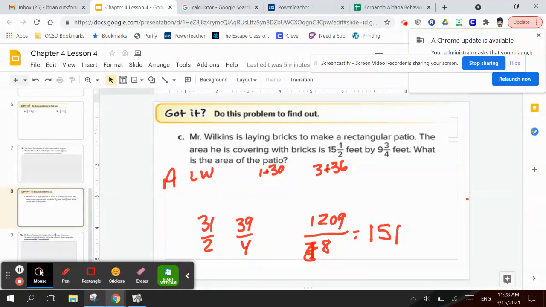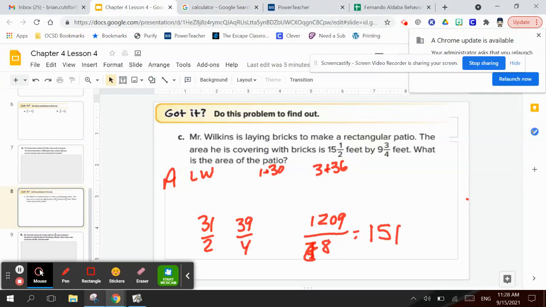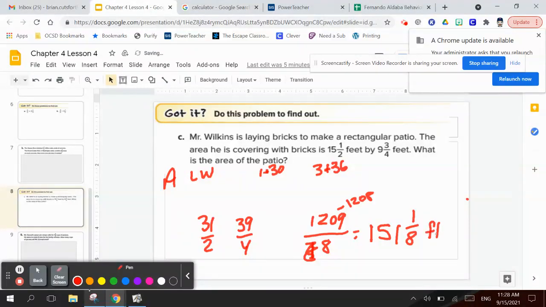And 151 times 8 is 1,208, which means I have 1 left over. I subtract 1,208. That gives me 1 part of 8 left, and that is feet squared. Sorry, some of that disappeared.